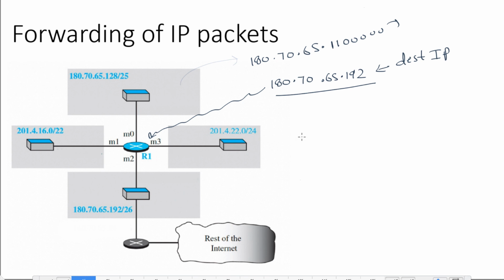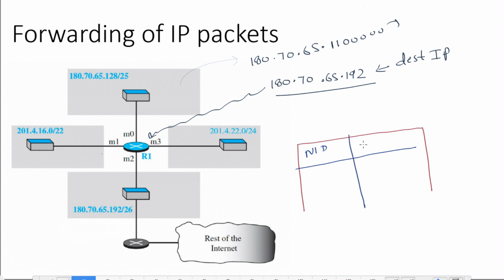Now, there are a few fields that are required in any routing table of R1 or any router. One field is called network ID, that is NID, for each network to which it is connected. It is connected to these four networks, and these are the four network IDs that I have.